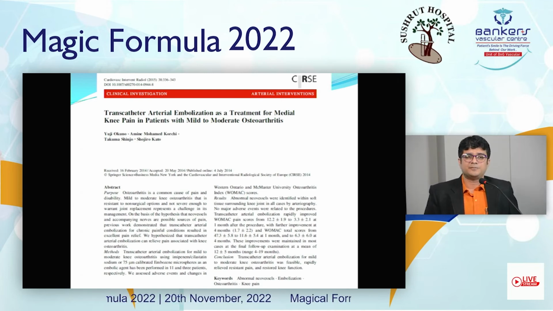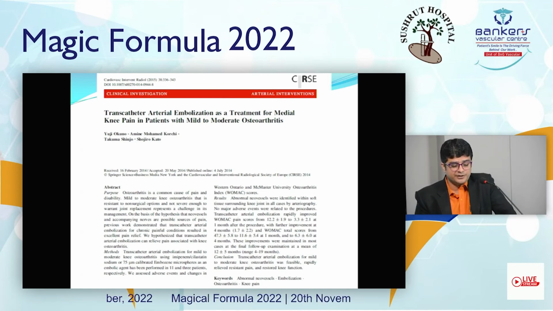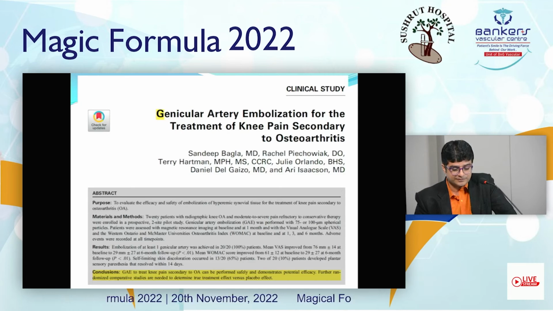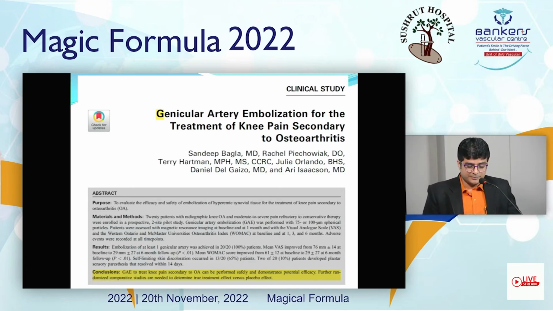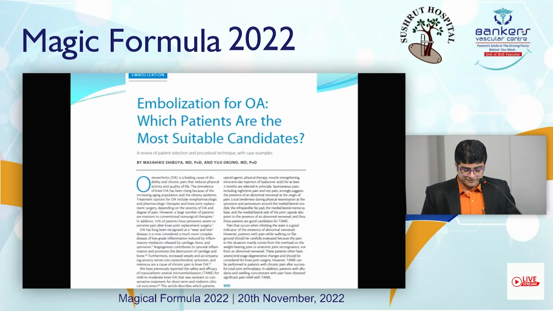There are various papers in various international reputed journals with good impact factor, published right from 2014. This is published in the European journal SIRVA about medial osteoarthritis and the importance of embolization. This is a paper from the US saying the same thing, that genicular artery embolization can be used to treat pain secondary to osteoarthritis, and it demonstrates efficacy.